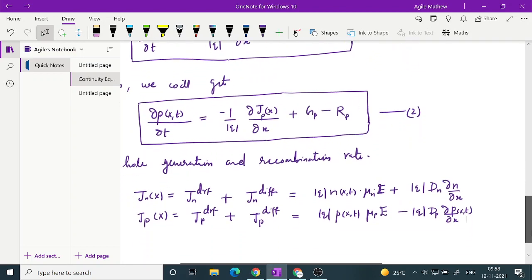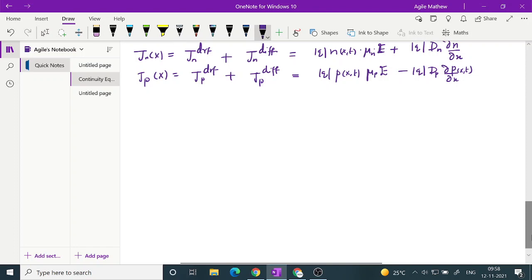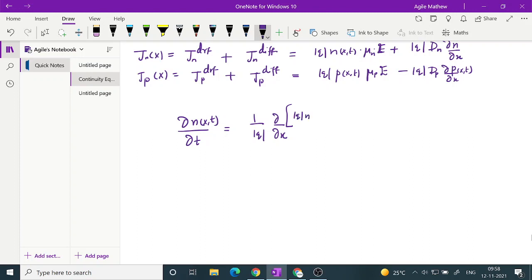So let me rewrite. The rate of change of electron concentration with respect to time at a particular point at a particular time is equal to 1 by q dou by dou x of Jn of x, where Jn of x is q n mu n E plus q Dn dou n by dou x.